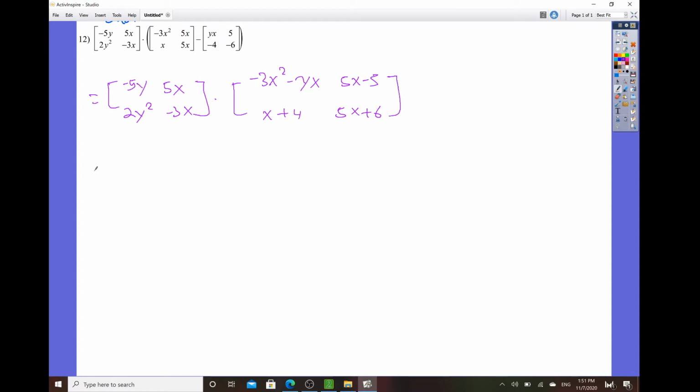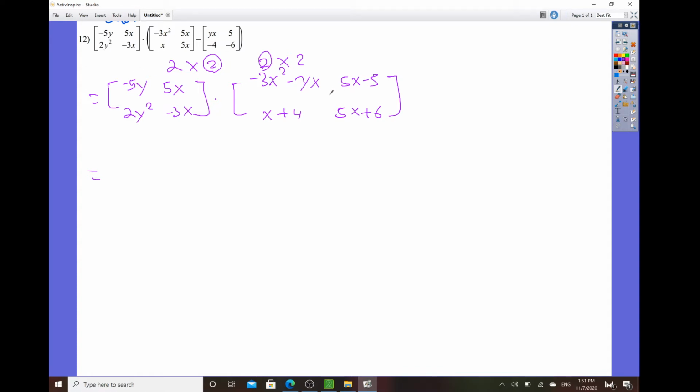Now the way to multiply this kind of matrices: since they have the exact same size, the number of columns of the first one and the number of rows of the second one match each other, so that means we can multiply them.